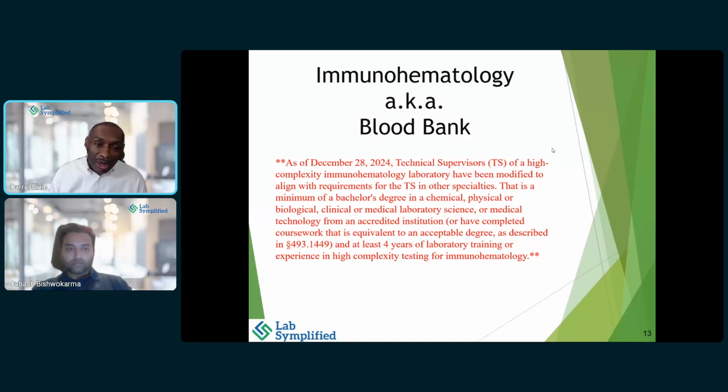Open this up to our techs who have the 4 years experience and a bachelor's degree, it takes a big load off of them now that they can be over blood bank. There's a lot of things in there that they're qualified for. So this is a big help also for blood banks, such that now the paperwork and the signatures don't have to go higher, as long as the technical supervisor signs them off.